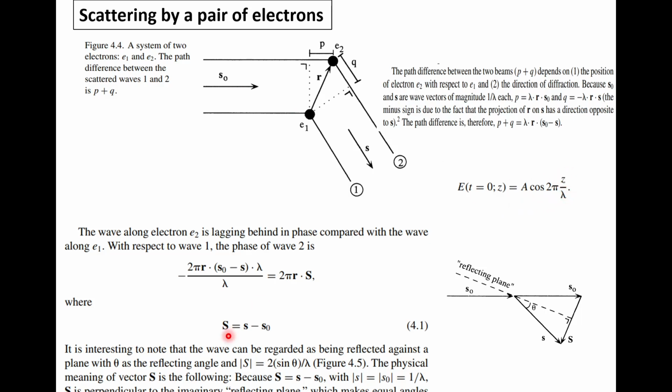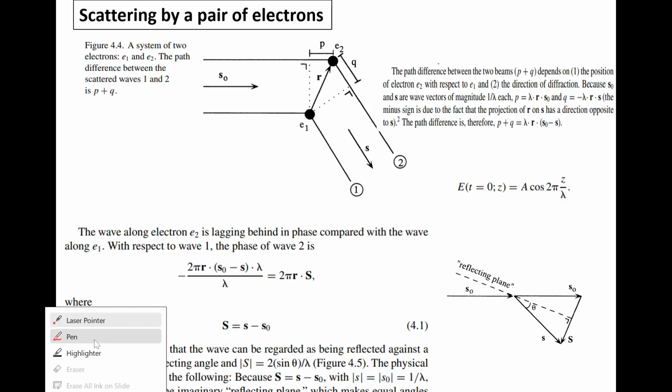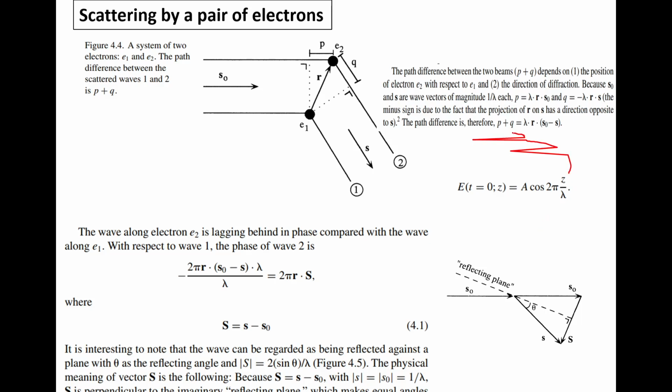Now z is this path length, so you put this value here, and it becomes 2 pi lambda r dot (s naught minus s). The lambda will cancel out, and you come to 2 pi r dot s.